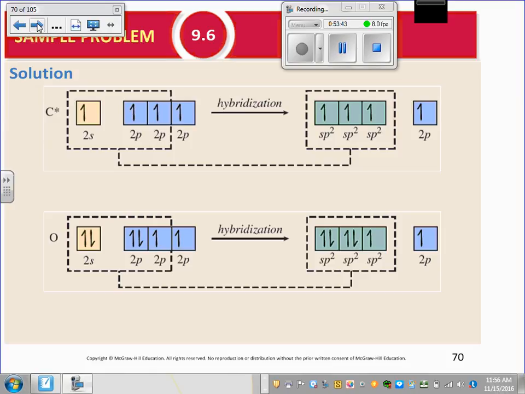So what do we have between the carbon and the oxygen? We have a sigma and a pi bond, so a double bond. If I look at it, I have the oxygen double bonded to the carbon, and the carbon single bonded to the hydrogen. Trigonal planar, with 2 electrons here, 2 electrons here, trigonal planar around the oxygen.